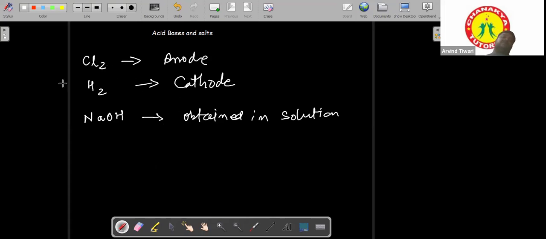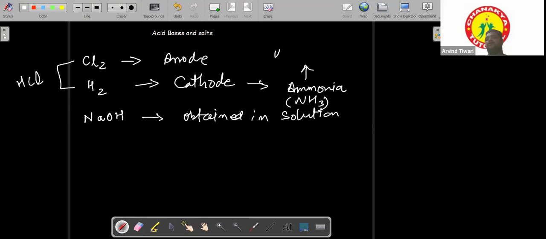And we had seen further that hydrogen and chlorine can be used for the manufacture of HCl. Hydrogen can be used for the manufacture of ammonia. And this ammonia can be used further for the manufacture of urea, which is a fertilizer.